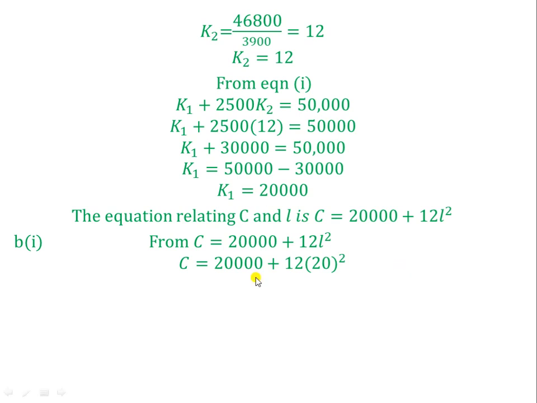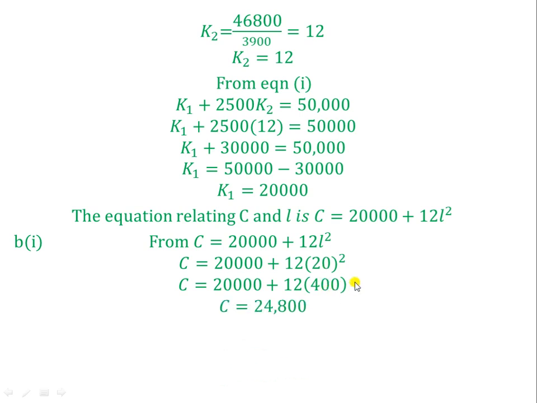So when you go back to our equation, you simply substitute for the length as 20. And when you do so, you will come up with 20,000 plus 12 into 400, because we squared 20 to give us 400.